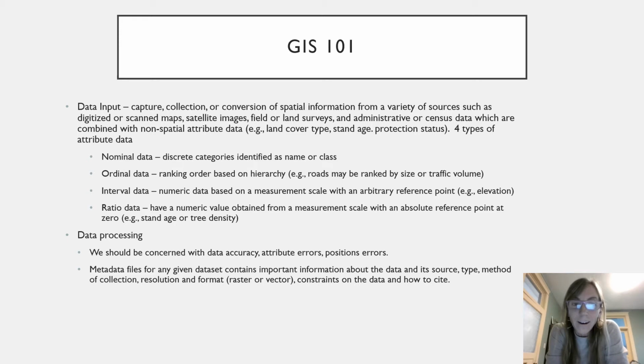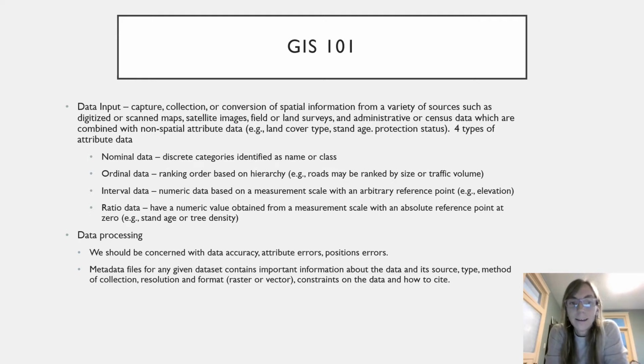Ordinal data are ranking order based on hierarchy, such as if we have a data set that contains roads, those might be hierarchically ranked by their size of the road, from major highways to much smaller roads down to dirt roads and trails, or it might be information about traffic volume on those roads that gives them a hierarchy.